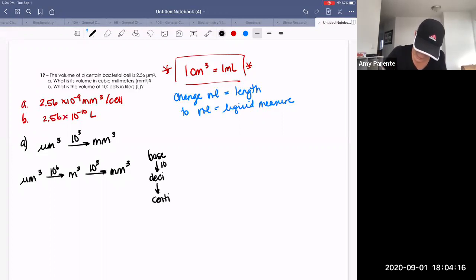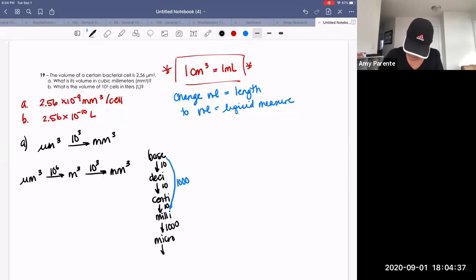Each of these is a 10-fold difference. And then milli. Each of those represents a 10-fold difference. And so this is a 1,000-fold difference going to milli. Then we go to micro. That's another 1,000. Then we go to pico, and then nano.